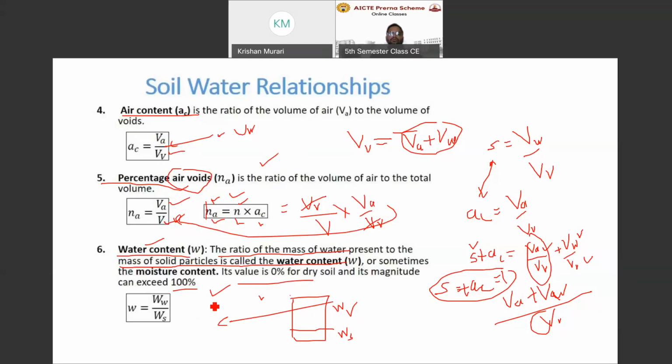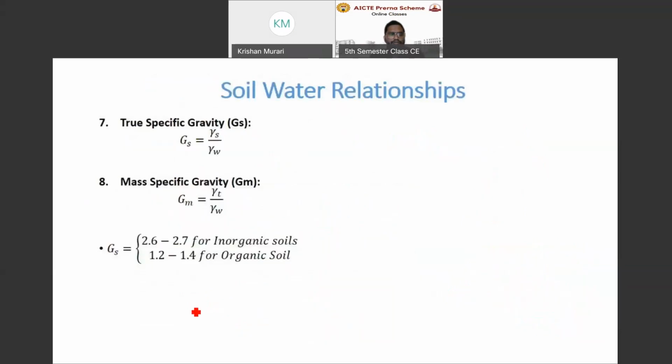If we consider the whole soil, as water content increases, the weight of soil also increases. But in case of solids, solids are fixed while the volume of water increases. In that case the weight of water increases, and the water content exceeding 100% is also possible.